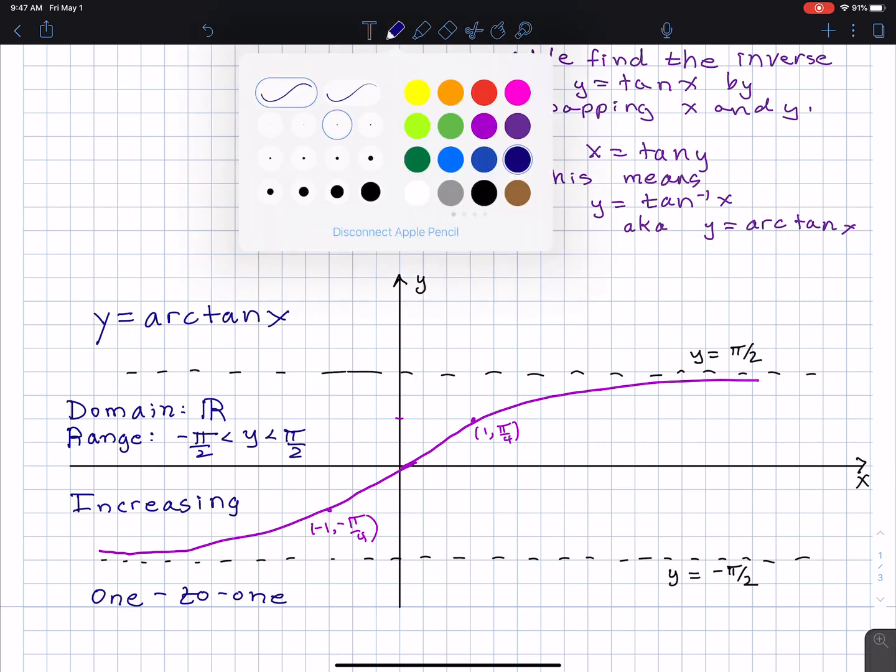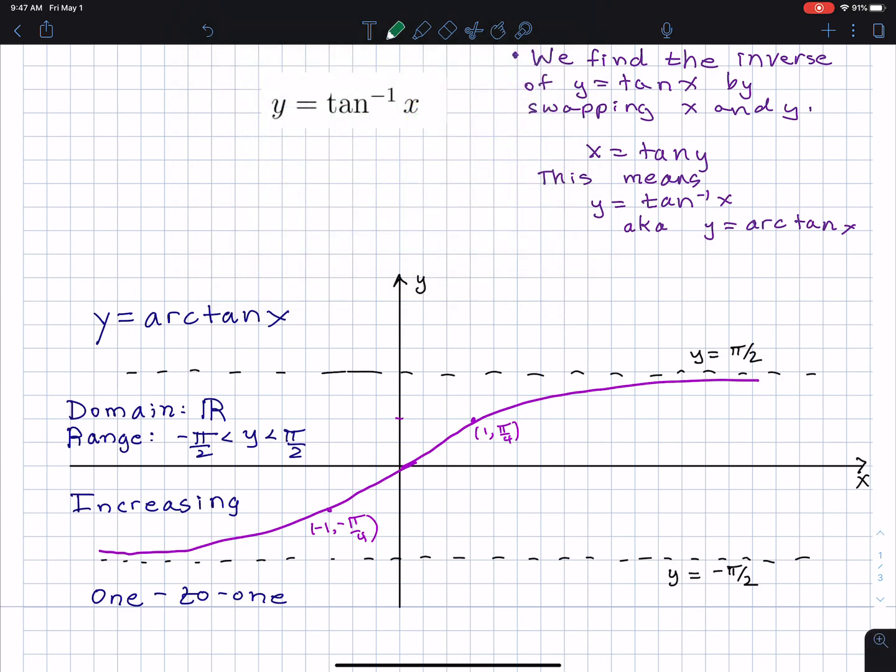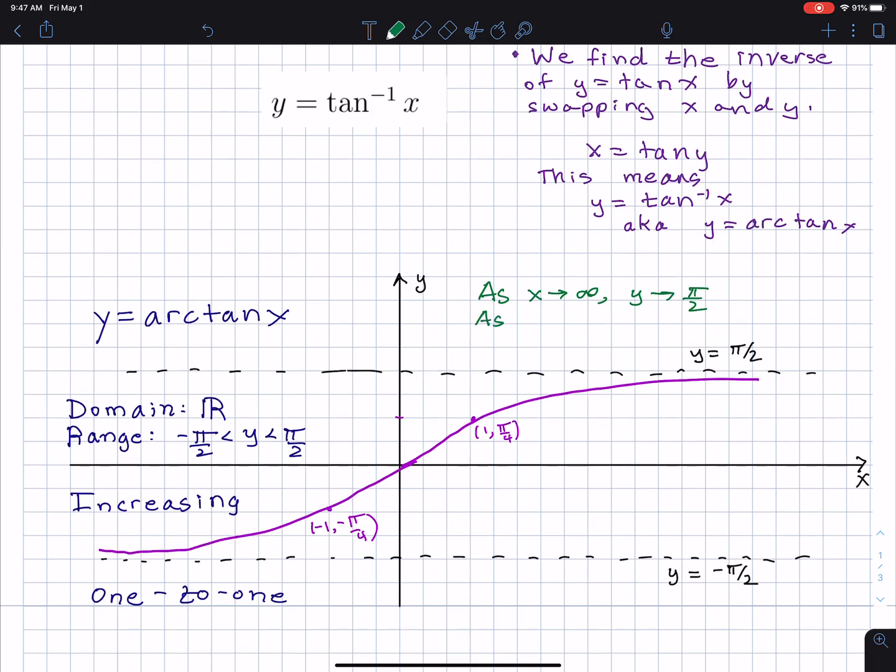I'm also going to point out something that is more of a calculus notation and topic. As x goes to infinity, y approaches what? Pi over 2. That's the same thing as saying there's a horizontal asymptote at pi over 2. As x approaches negative infinity, y approaches negative pi over 2.